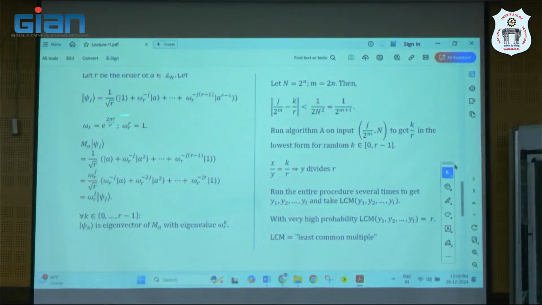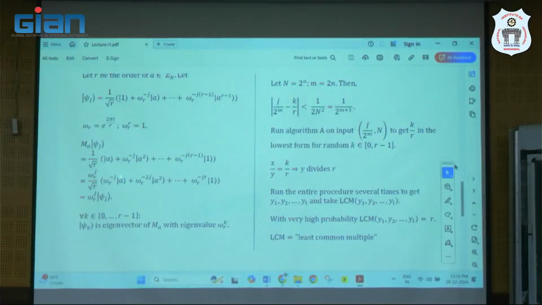Let us say this is the vector. We multiply by MA: 1 goes to A, goes to A squared, A^(r-1) goes to A^r, which is 1, because r was the order of A. This is where we are using that r is the order of A.